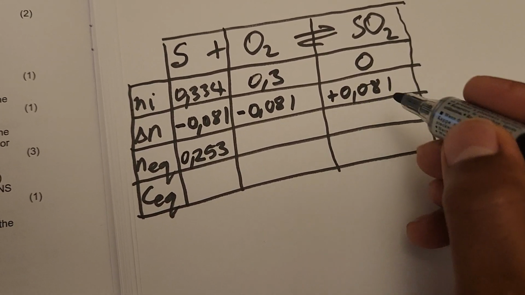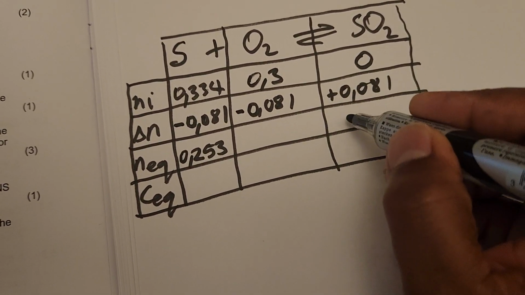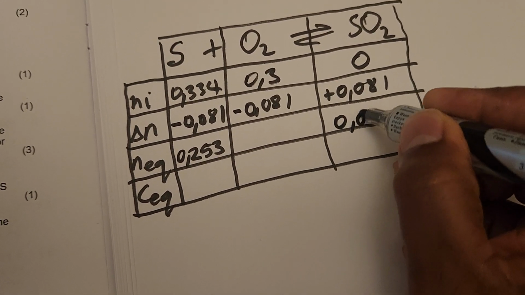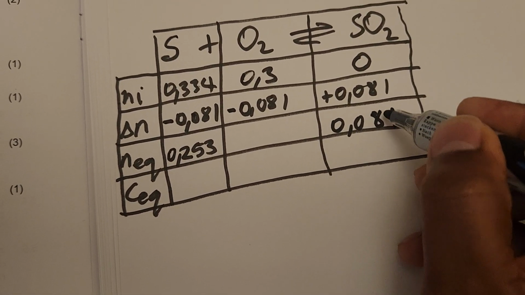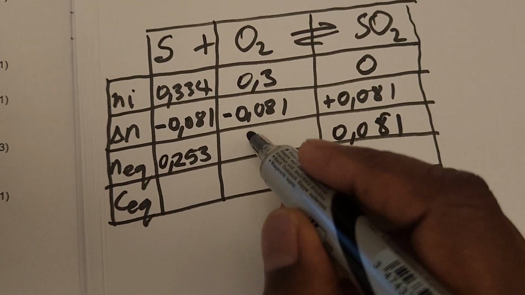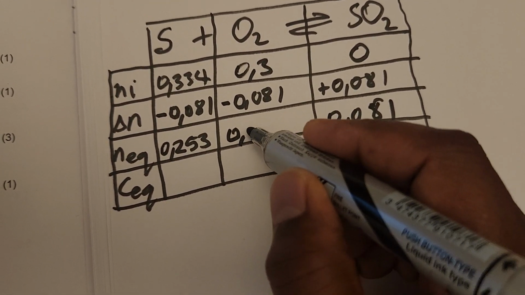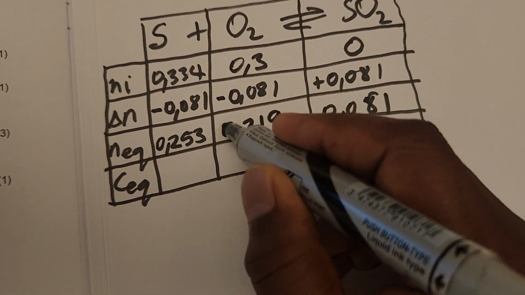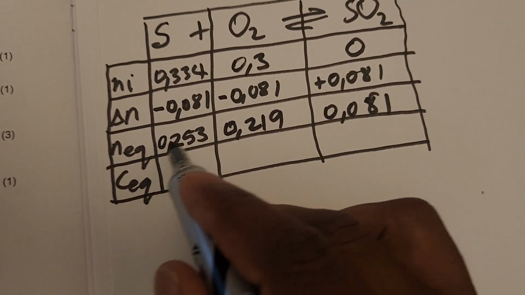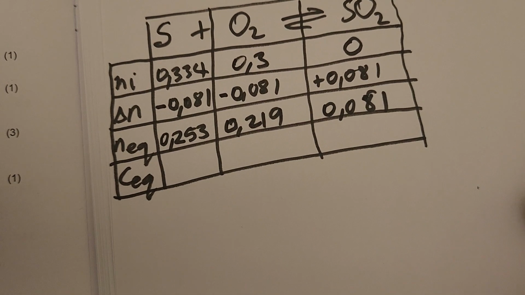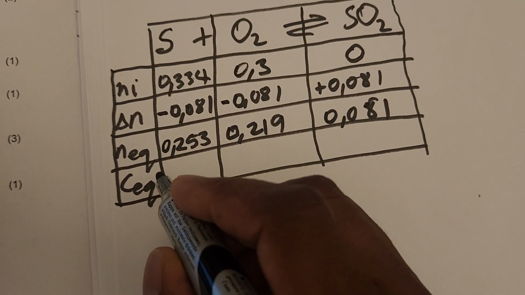Now we go to the equilibrium. This will be the same, 0.081, and then this one will be 0.219. We divide everything here by half, which will be the same as multiplying by 2.